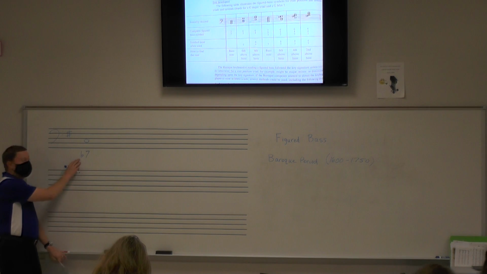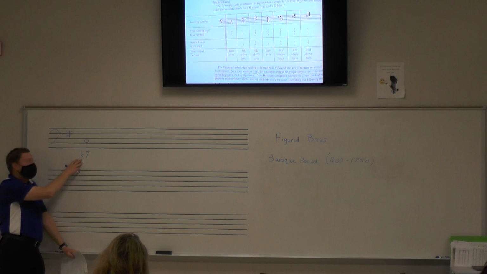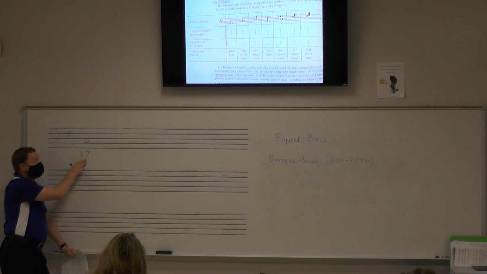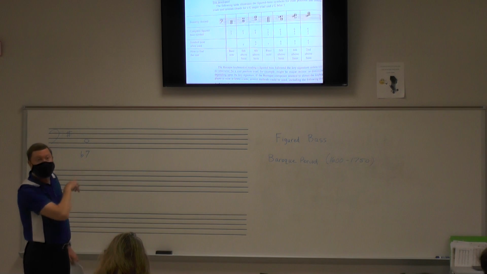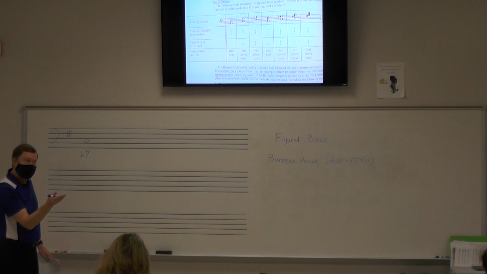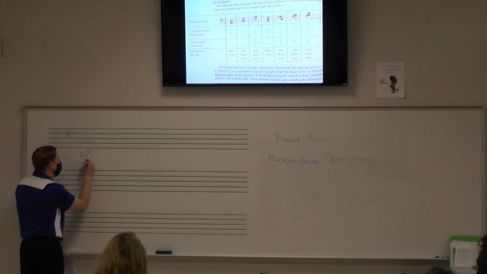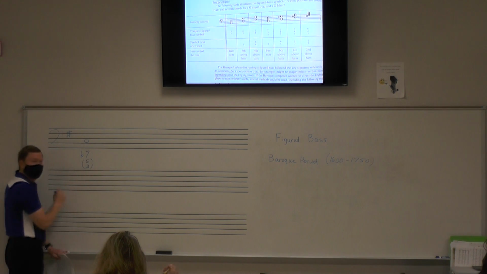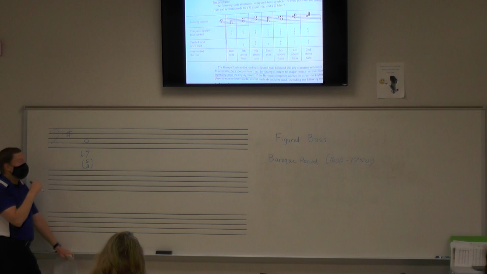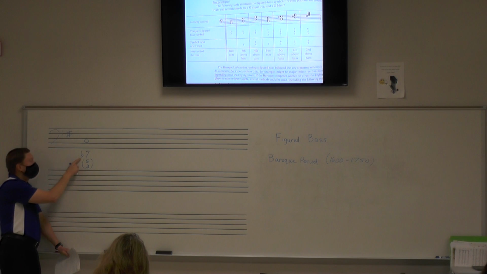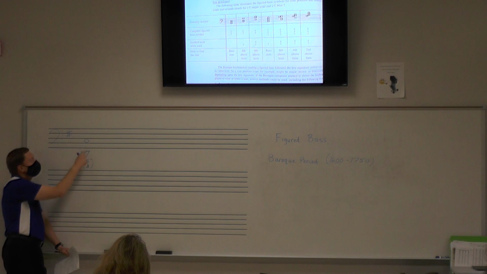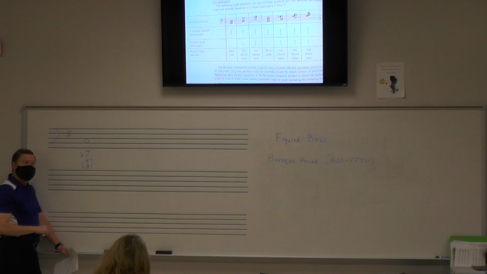Well, first of all, pretend there was no accidental there and you just saw a 7. What's the full symbol for just a 7? 7, 5, 3. All right, let's put it in there. That's to be understood. Now, the only thing new here is there's an accidental, a flat, right next to the 7. What that meant is that when you write the note that is a 7th above the bass, put a flat on that note.